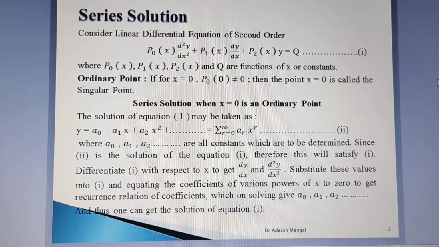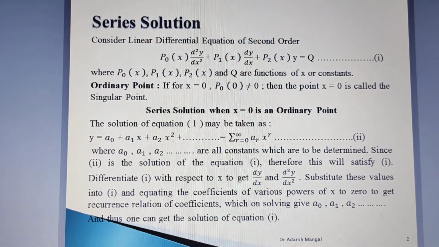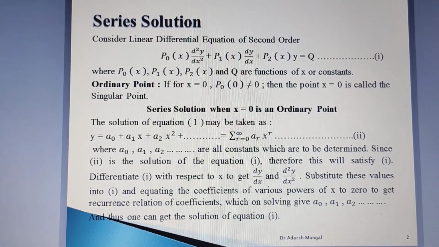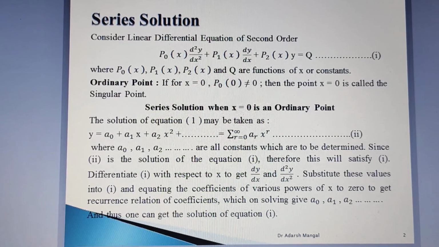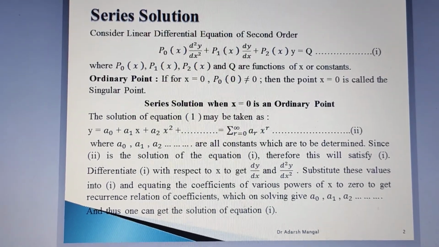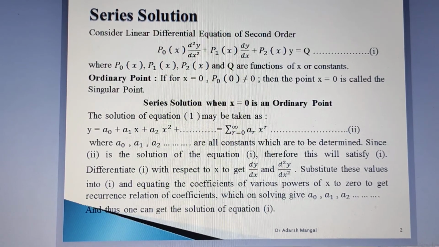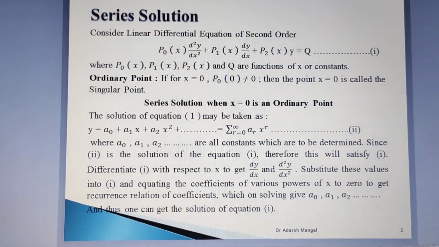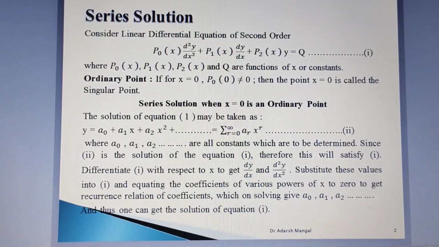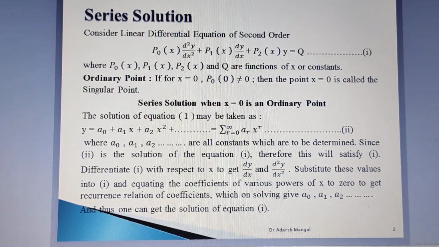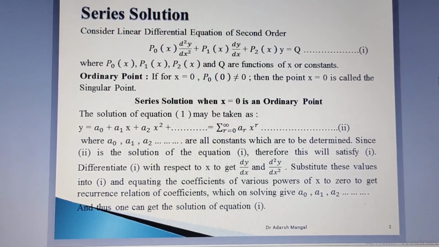Now, the process to find series solution when x is equal to 0 is an ordinary point. First of all, we have to take a series solution like that: y is equal to a naught plus a1x plus a2x square plus a3x cube and so on. In summation convention, we can write it as summation ar x power r, where r is running from 0 to infinity, where a naught, a1, a2 all are constants which are to be determined.